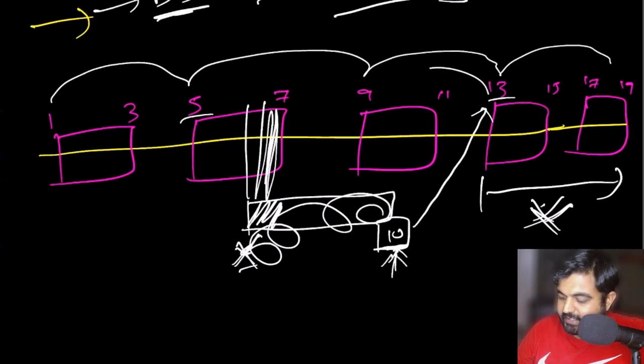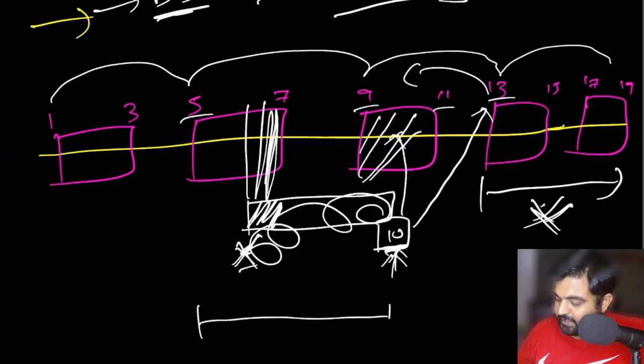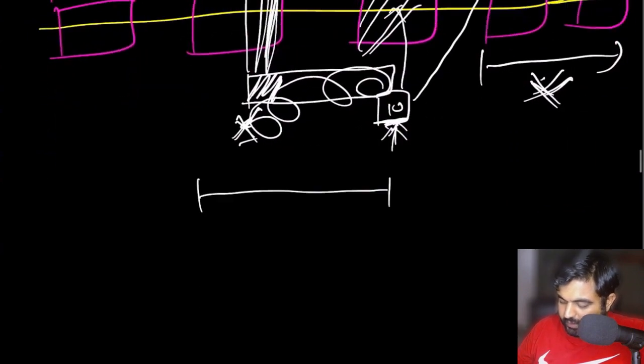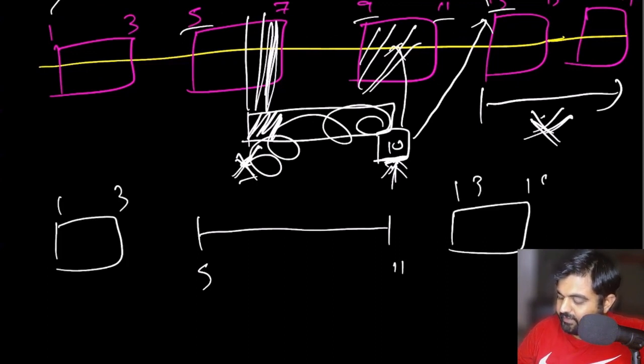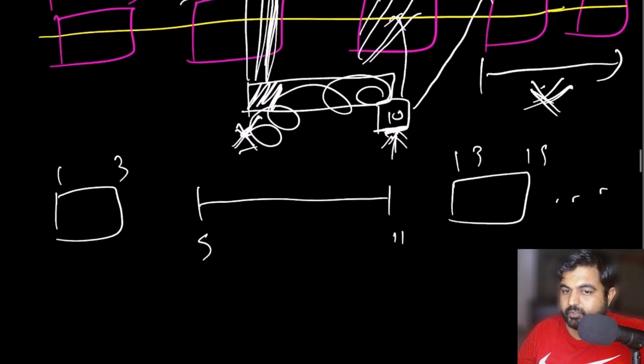So we will check one previous value. The previous value is currently 9 to 11. 10 falls right between them. Because 10 falls right between them, we are going to do a merge operation, and eventually we would create a new interval that is 5 to 11, and all of these values, so 1 2 3 and then 13 to 15 and so on and so forth, are all going to be as they are.